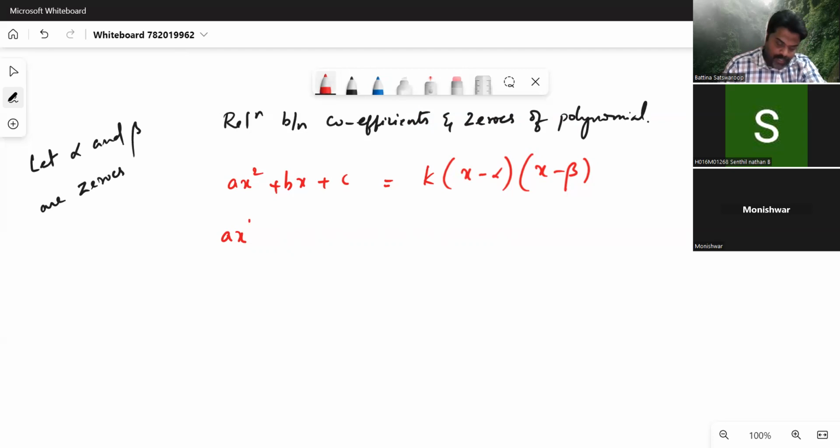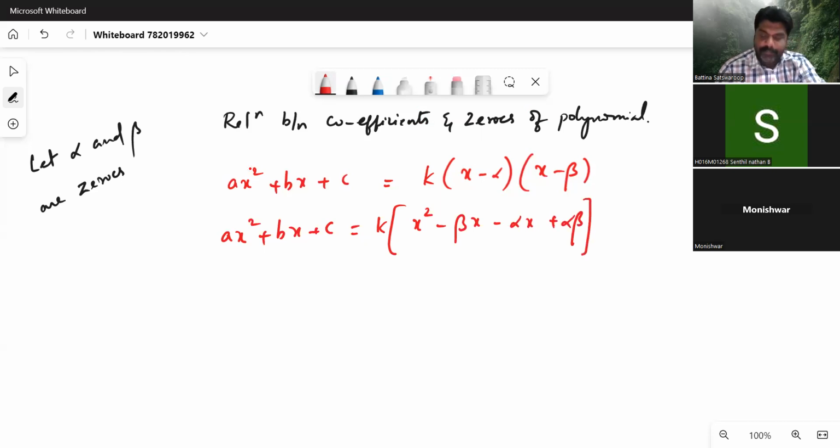So ax square plus bx plus c I am representing as k into x minus alpha into x minus beta. So ax square plus bx plus c will be equal to k times x square minus beta x minus alpha x plus alpha into beta. Now I will again rearrange this expression as k into x square minus of alpha plus beta into x plus alpha into beta.